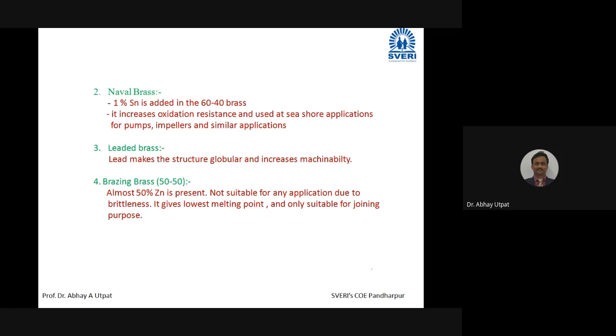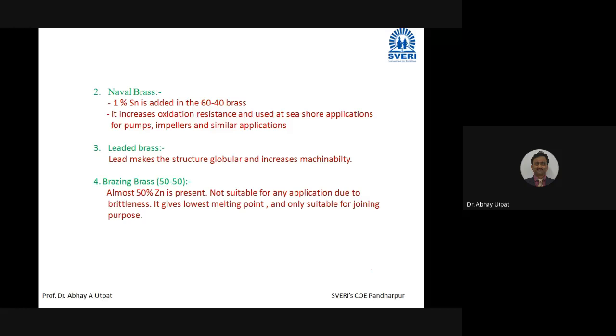This copper and zinc is present as a base. I repeat once again. Base metal is copper, alloying element is zinc, that is brass. In this copper zinc brass, when lead is added, it gives globular microstructure and increases the machinability. That's why that brass is called leaded brass.